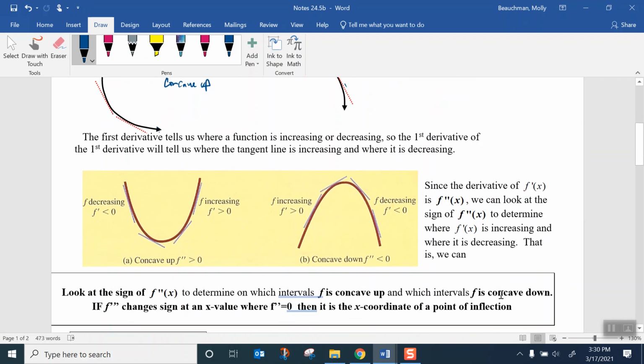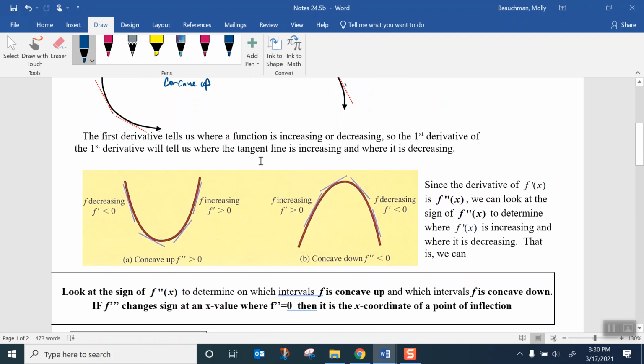So the first derivative tells us where a function is increasing or decreasing. The derivative of the first derivative will tell us where the tangent line is increasing and where it is decreasing. For example, your function f is decreasing, and then it's increasing, but for the entire function, it's concave up.